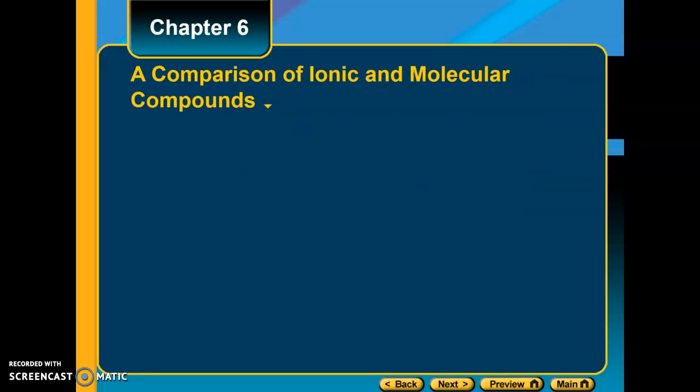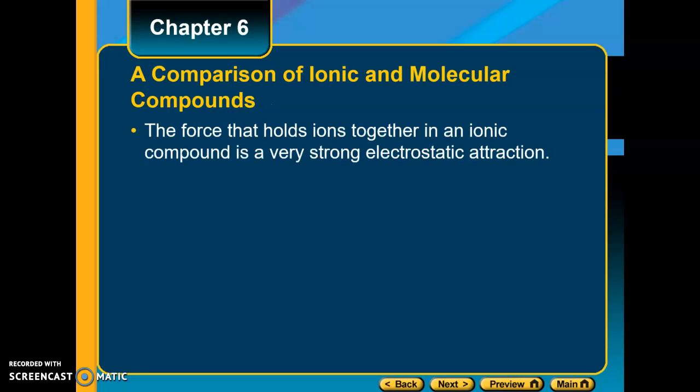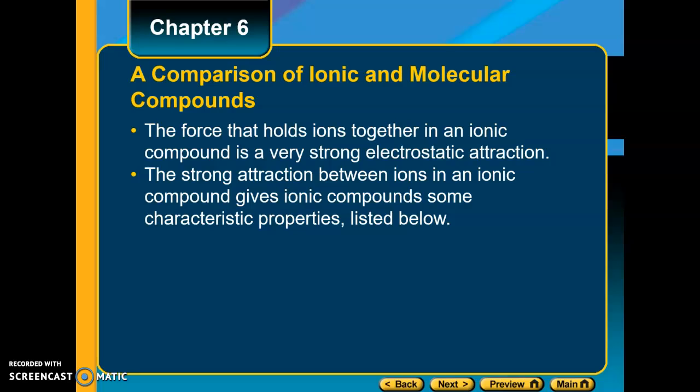So if we do a little comparison between ionic and molecular compounds, remember that because an ionic compound is formed with ions that are attracting each other, that attraction is very, very strong. What that means is that ionic compounds have certain characteristic properties based on that strength of attraction.